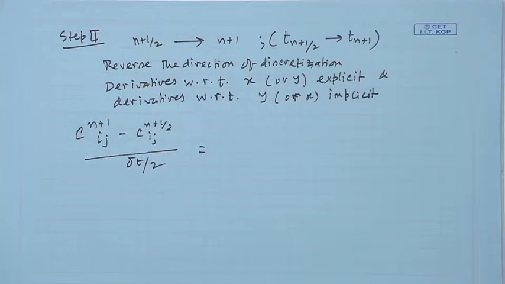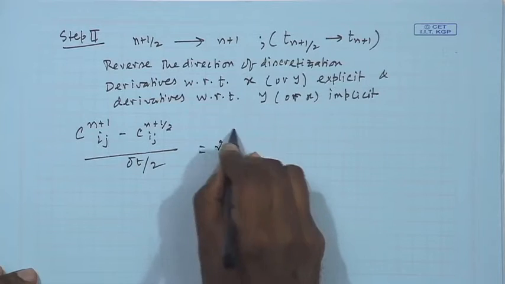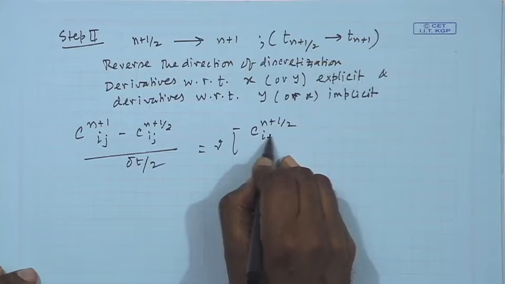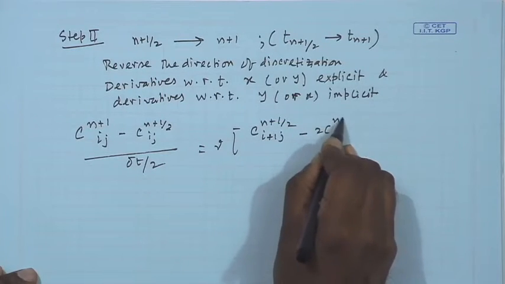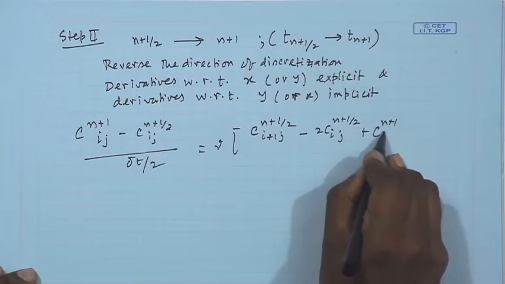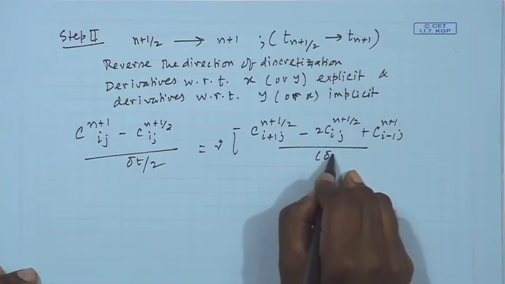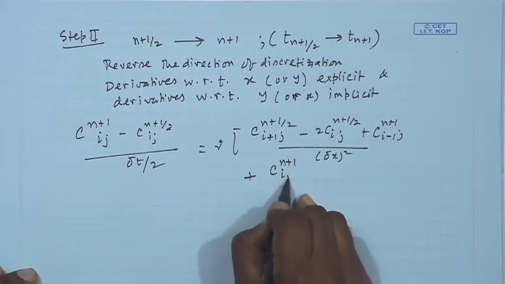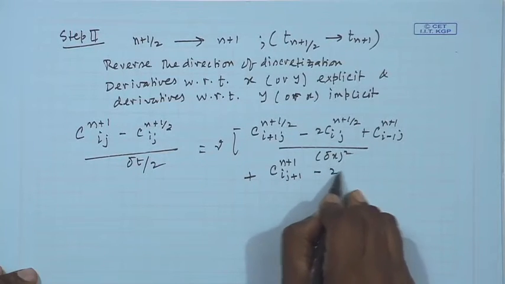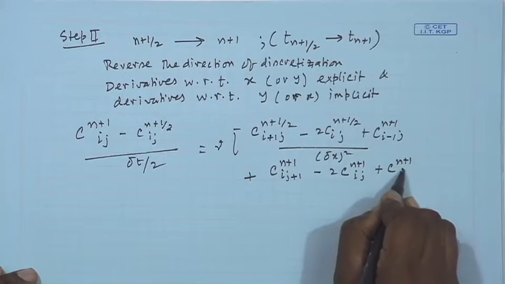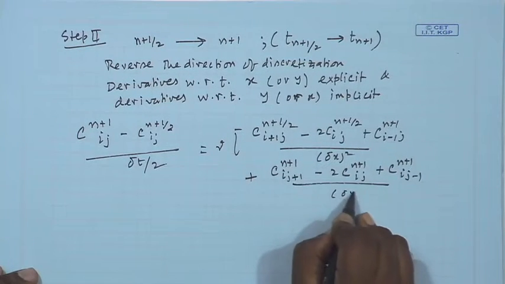ν times C^{n+1/2}, this is explicit, (i+1,j) minus 2 C^{n+1/2}_{ij} plus C^{n+1/2}_{i-1,j} by Δx whole square, plus C^{n+1}_{i,j+1} minus 2 C^{n+1}_{ij} plus C^{n+1}_{i,j-1} by Δy whole square.